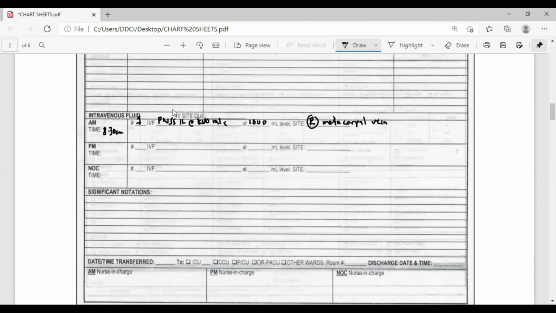Okay, then you have your significant notes, if there's any significant notes. If there's none, then you just leave it blank. Then if transferred, you fill in the data accordingly.